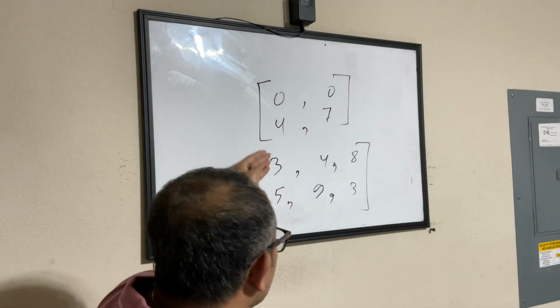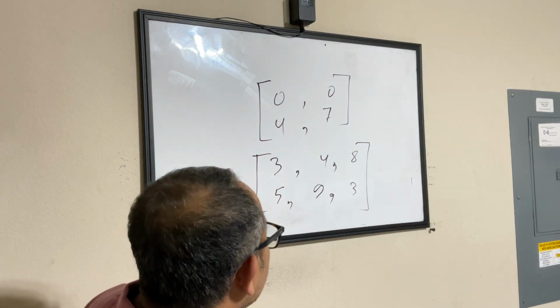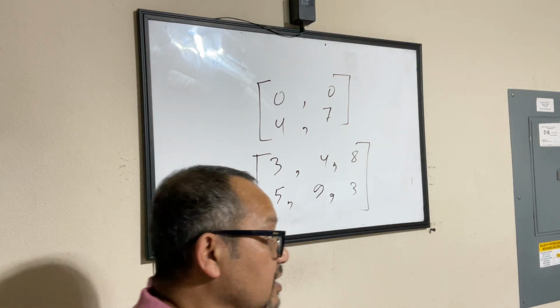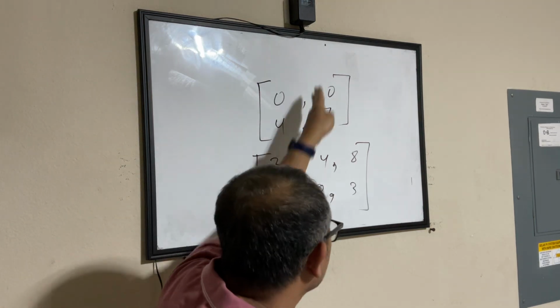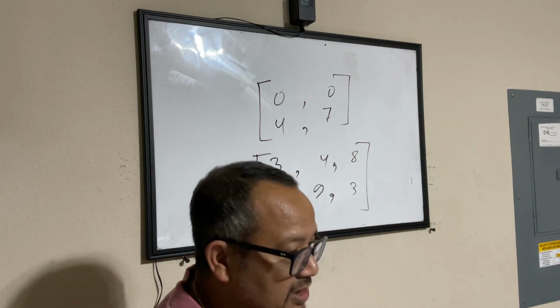So this is a 2 by 3 matrix, correct? That's what you would have learned. And then we talked about this is a 2 by 2 matrix, which means 2 rows and 2 columns. This is 2 rows, 3 columns, so it's 2 by 3, it's 2 by 2.